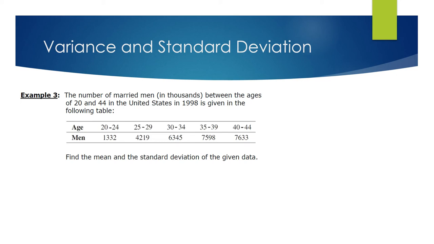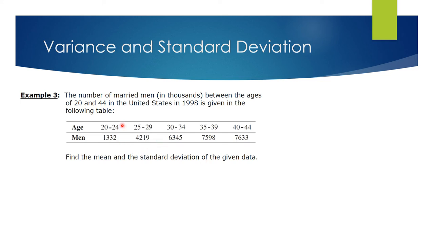So when you deal with a situation where you're given basically ranges of scores or ages or whatever the case may be, what you need to do first is come up with a representative from that group.